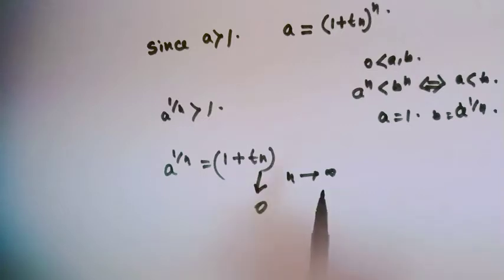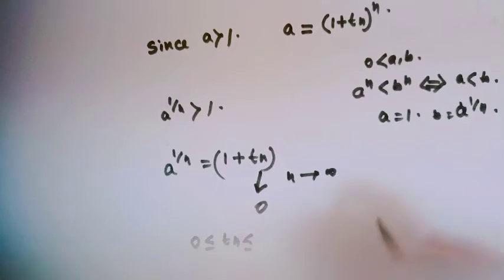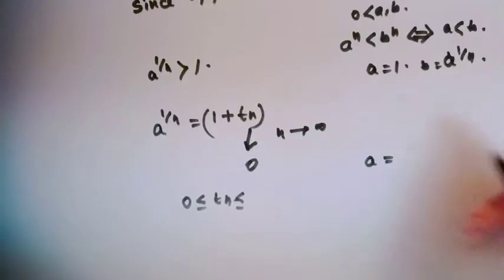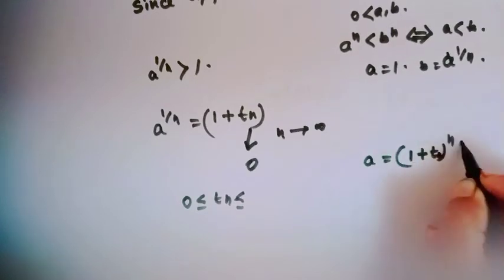Now I will use the squeeze lemma to prove the sequence tn goes to 0. Since tn is greater than or equal to 0, what is the upper bound? Look, a equal to (1 plus tn) to the power n.